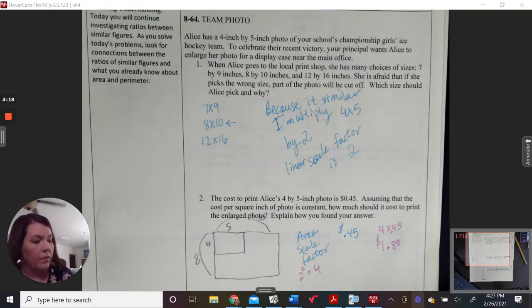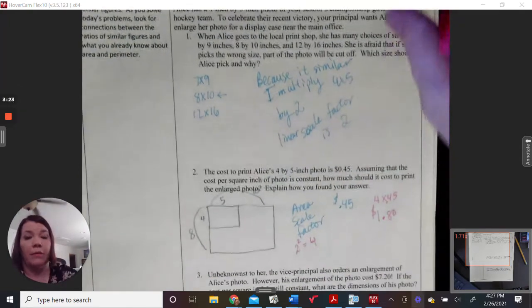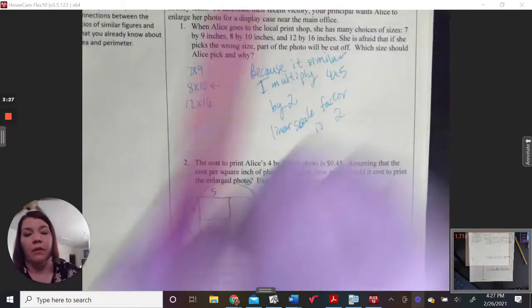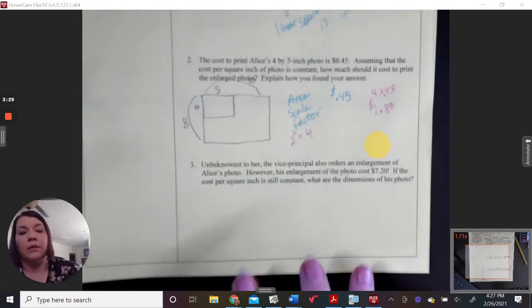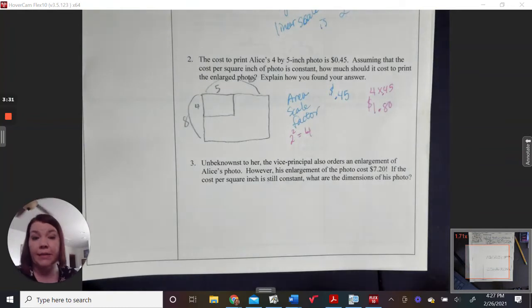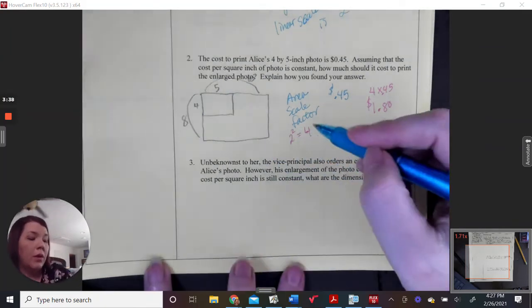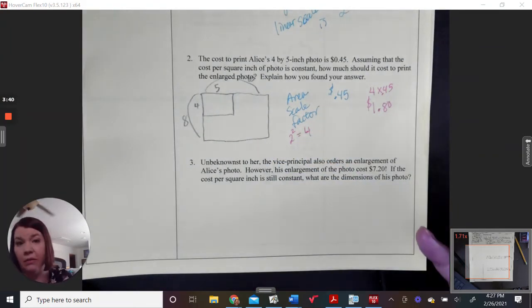The vice principal also orders an enlargement of Alice's photo. However, his enlargement costs $7.20. If the cost per square inch is still constant, what are the dimensions of his photo? We don't know what the scale factor is, but we know how much he spent.